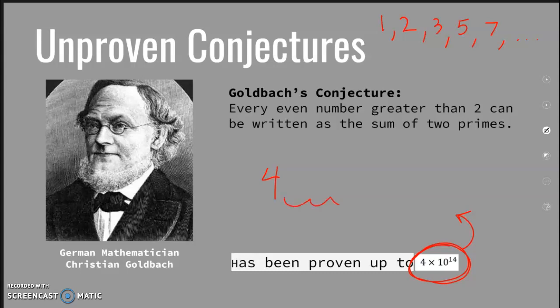So 1, 2, 3, 4, 5, 6, 7, 8, 9, 10, 11, 12, 13, 14. I'm running out of room. This number is huge, which is why it's represented in scientific notation. Okay, so although Goldbach's conjecture hasn't been proven for every number, it has been proven for every number up to this huge number that we see on the board.